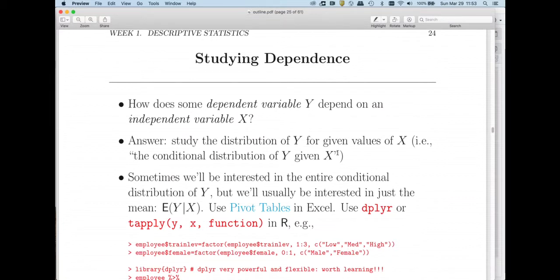Now, to start out with, we're going to do some very simple single number summaries to summarize the conditional distribution of y given x. And then we're going to look at more complete pictures of this conditional distribution with both box plots and multi-panel displays of, say, a histogram.